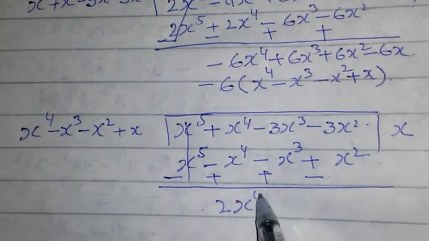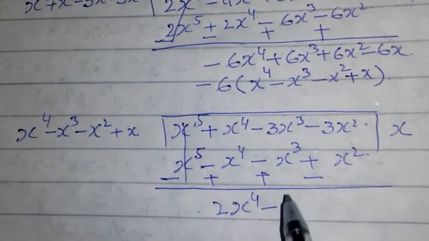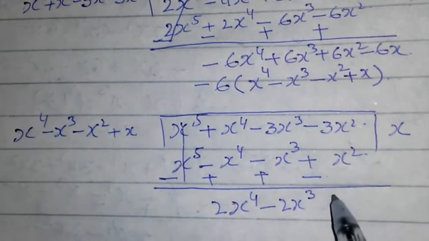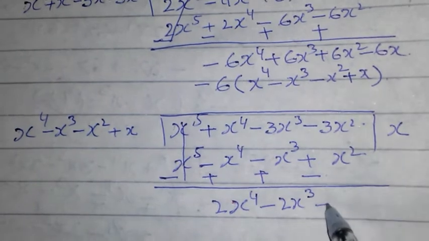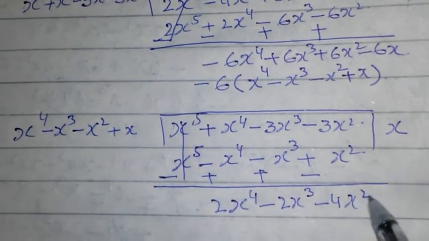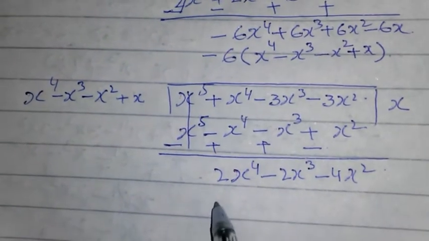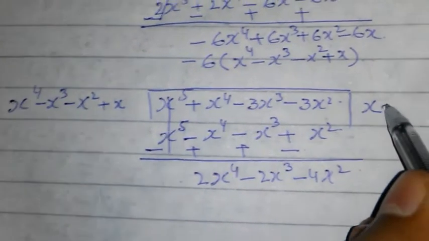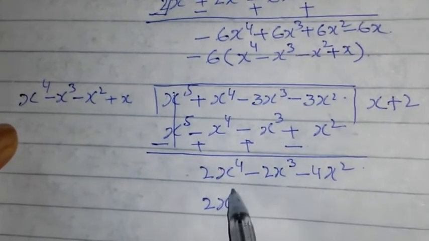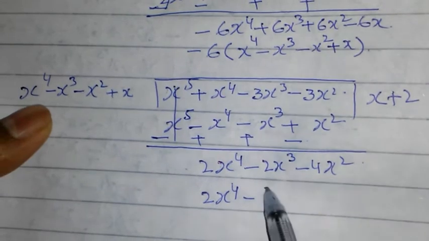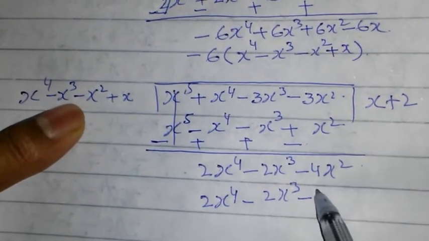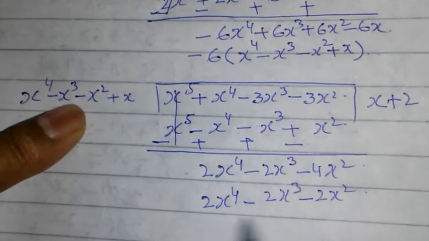Two x to the power 4 minus 2x cube minus 4x square. Now we need 2 plus 2. 2x to the power 4 minus 2x cube minus 2x square.